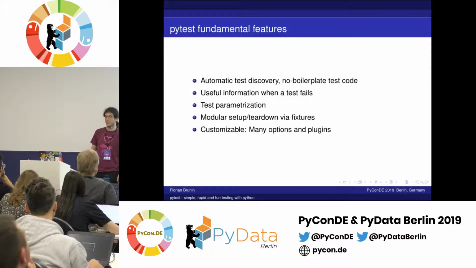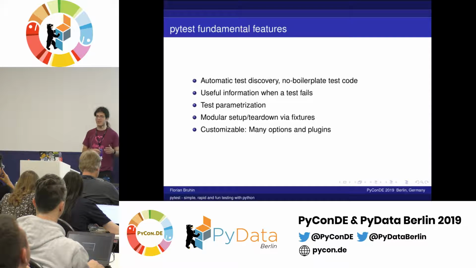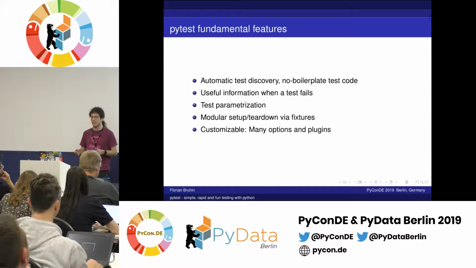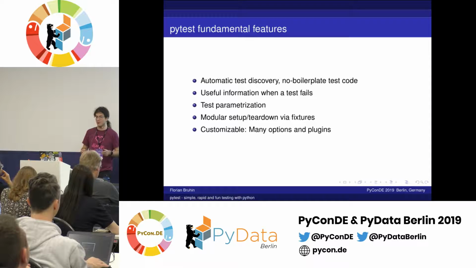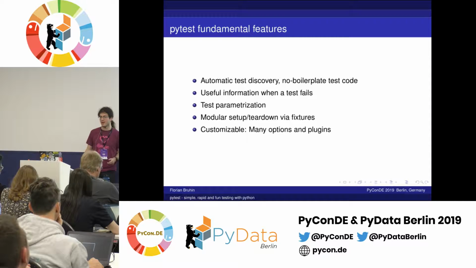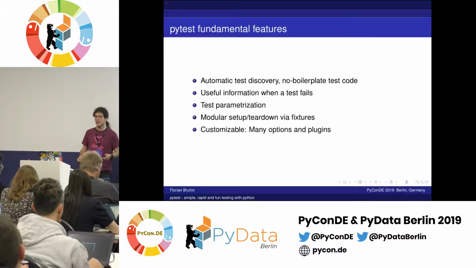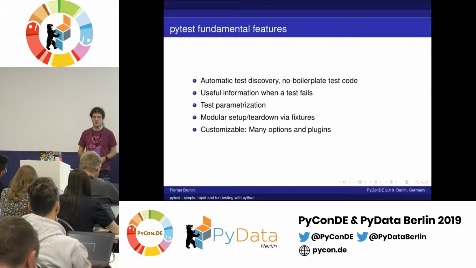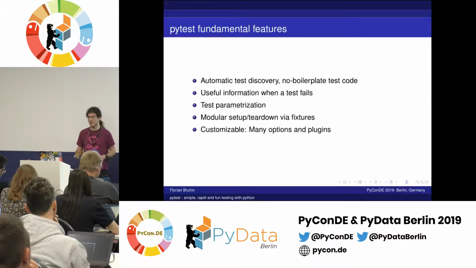It allows you to parameterize tests, so you can have a single test run over several datasets or several arguments, for example. It allows you to have modular setup and teardown of things you need in tests using fixtures. And it's very customizable. So there are a lot of options to customize it to your needs and also a lot of third-party plugins.